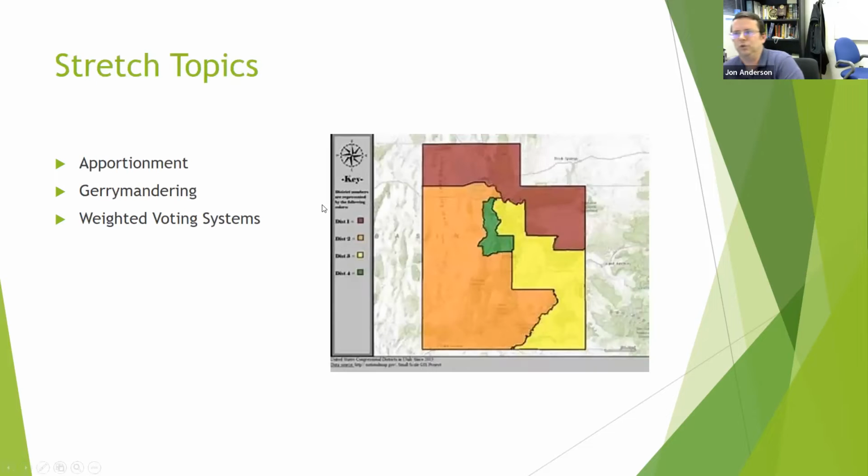So moving into the stretch topics, these are other topics that you may be interested in tying into your voting theory. These are other things that have a direct impact on politics and how math can play into them. Even though they're related, there are still some differences, but apportionment is taking a representative body and figuring out how to split it up fairly.